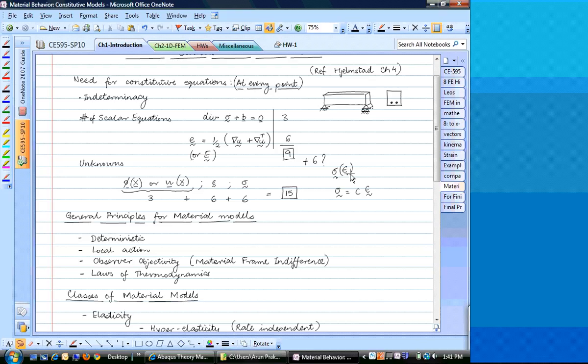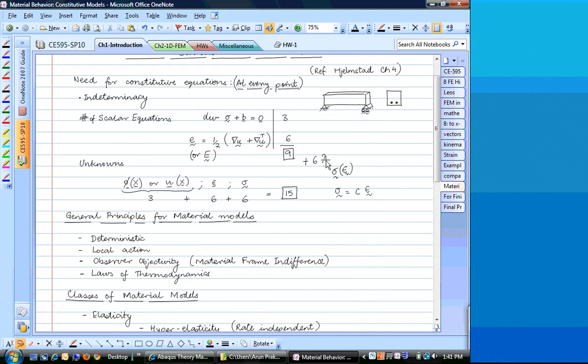Some other person takes a different look at the point, finds their own strains, and using the same material law, finds their own sets of stresses. But now if I transform those stresses into my coordinate system, they should be equal.